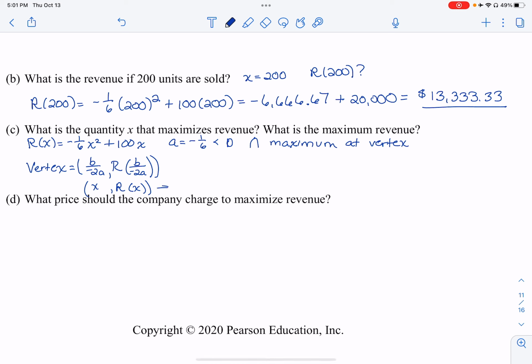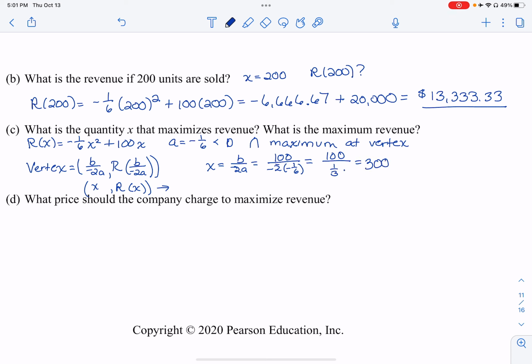All right, so let's work on finding our vertex. X is going to be equal to b over negative 2a, which is going to be equal to, in this case, 100, because that's our b term, over negative 2 times negative 1/6, which is going to be equal to 100 over 1/3, which is going to be equal to 300.